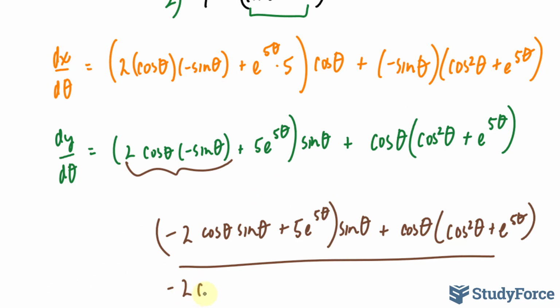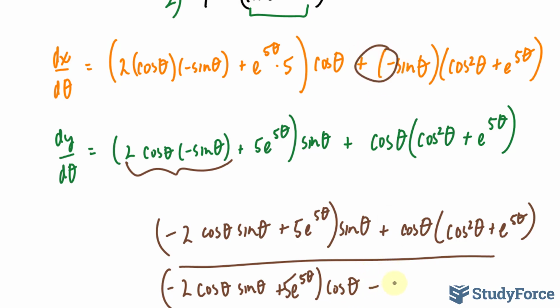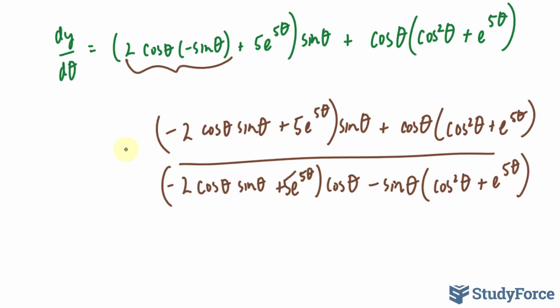I get negative 2 cosine theta sine theta plus 5e to the power of 5 theta multiplied to cosine theta, minus, I'm combining these two symbols, cosine squared theta plus e to the power of 5 theta. This right here represents dy over dx.